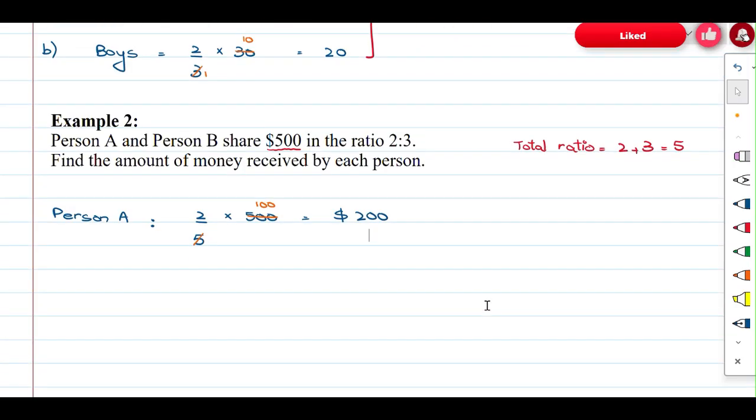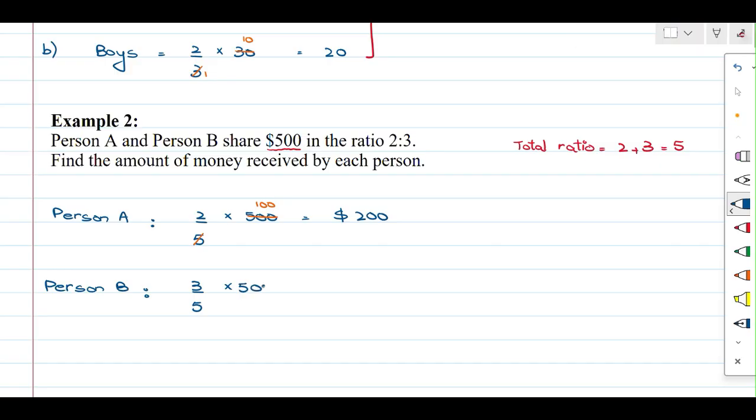Now let me solve for the second person. For person B, the ratio is 3 out of the total ratio 5, multiplied by 500. Again, 5 times 100 is 500, 3 times 100 is 300. So the second person shares $300.